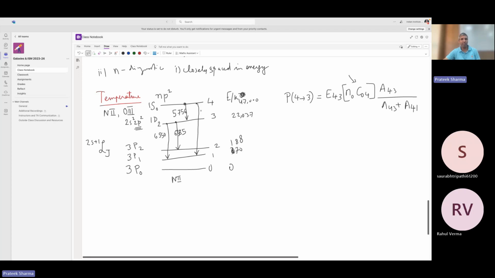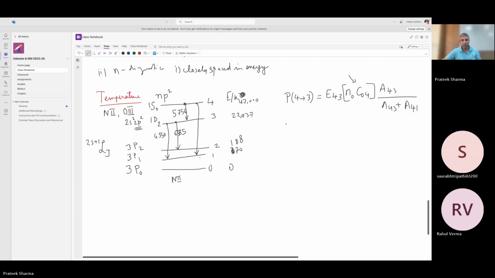E43 is the energy difference between the 4 and 3 levels, this 5756 angstrom. This is the line emission. The intensity of that is proportional to the collisional excitation from ground to this level times A43 by A43 plus A41, because A43 shows this transition and A41 shows this one. The fourth level can go either to the third level or to the first level. This is a branching ratio.